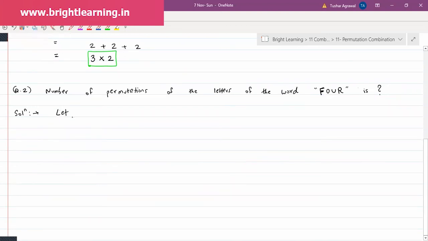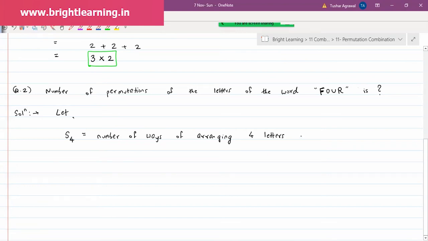Let me represent this by S4 is equal to number of ways of arranging, or you can say number of permutations, number of ways of arranging 4 letters of the word F-O-U-R.